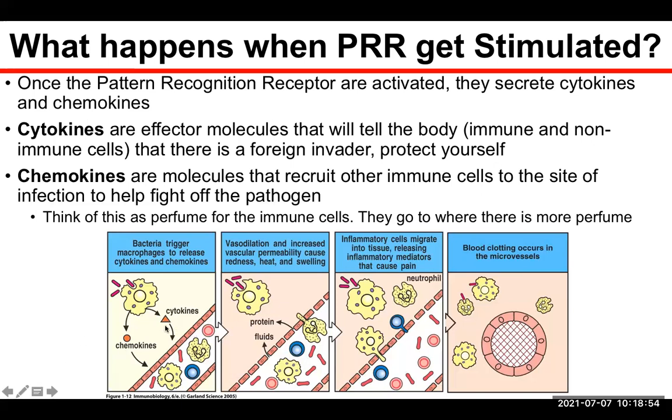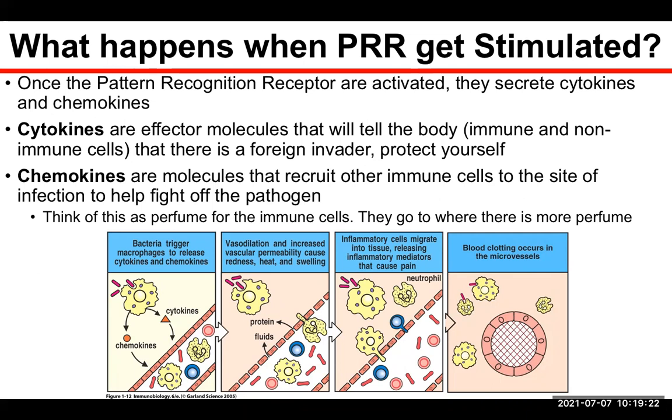But in the context of this class, the majority of the cytokines I refer to are pro-inflammatory. But they also have another function, which is to cause something called vasodilation. It's going to cause your blood vessels to expand, so you can get more blood into that particular area.